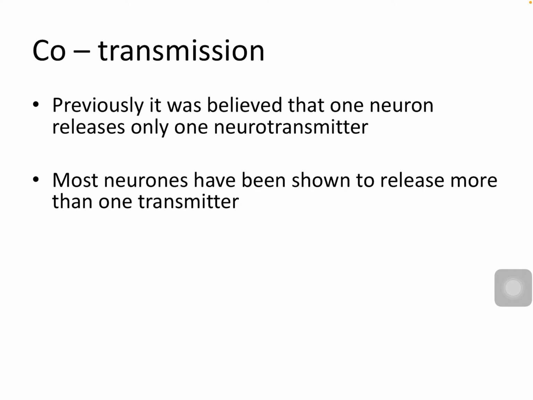Those other neurotransmitters are known as co-transmitters, and these co-transmitters are also involved in transmission of the message across the junction. And this phenomenon of co-transmitters used as messengers or helping in delivering the message is known as co-transmission.